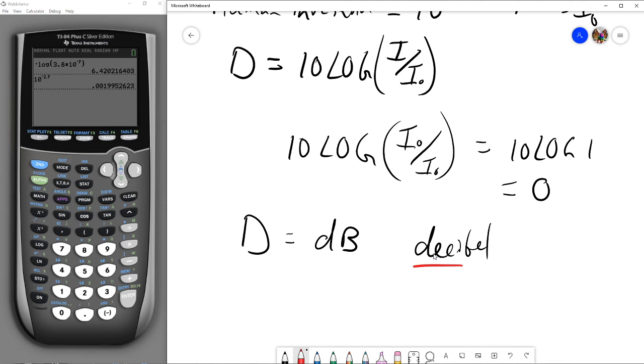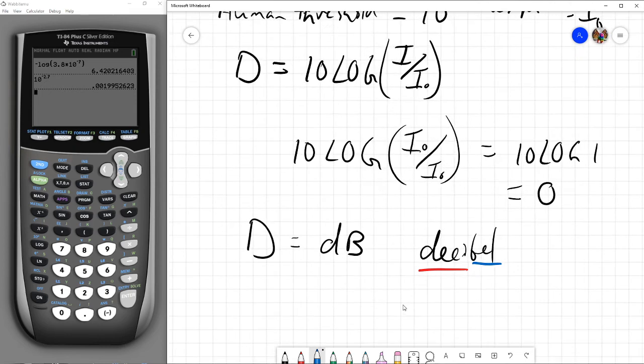Whereas centimeter would be 0.01. I got carried away with my zeros. And then this bell, that is our unit for sound, and it's named after Alexander Graham Bell, who was the inventor of the telephone. That's the historical note and metric note of the origins of it.